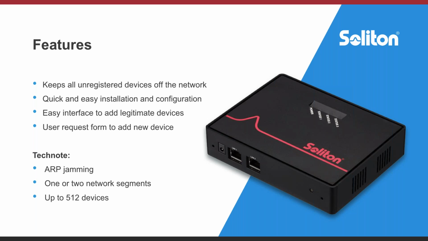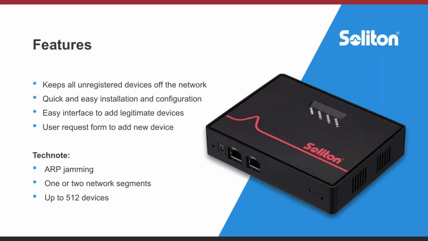Instead of having a very complex network access control solution where you have to configure every single network device, your switches, your routers, Wi-Fi access points, and so on, to talk to this NAC solution and getting everything set up perfectly and working, monitoring it, and so on, the LAP One is a standalone box that you insert into your network.